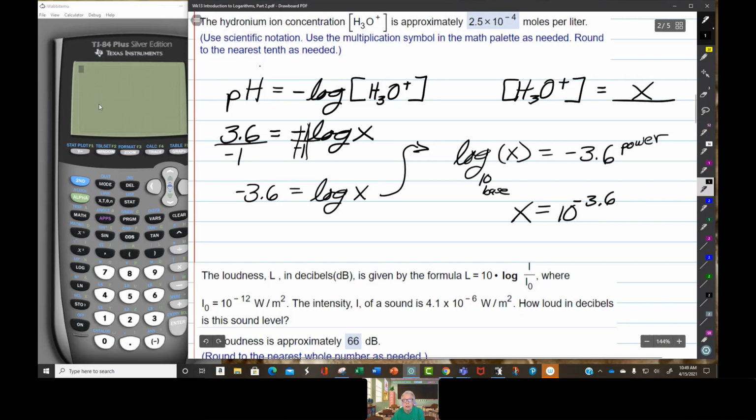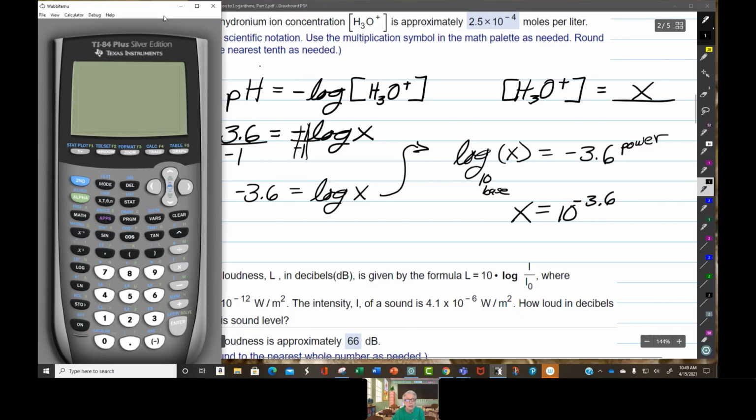But when you read this, use scientific notation. If you've never had a science class, you may not know what scientific notation is, so your calculator will do you a favor, and you can reset it later.